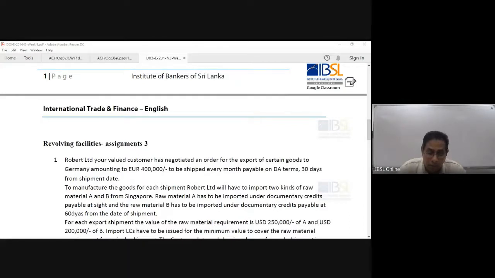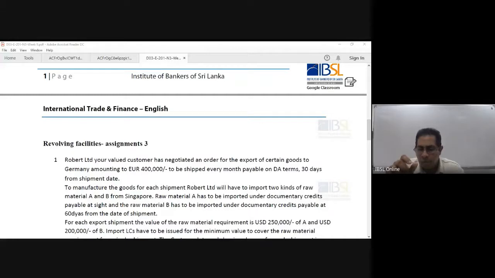Now here, listen carefully. If the documents arrive in Germany 5 days after the loading, underline the word loading there. Loading means shipment date. Due date is calculated from the shipment date. But the documents go to the German bank 5 days after shipment date.